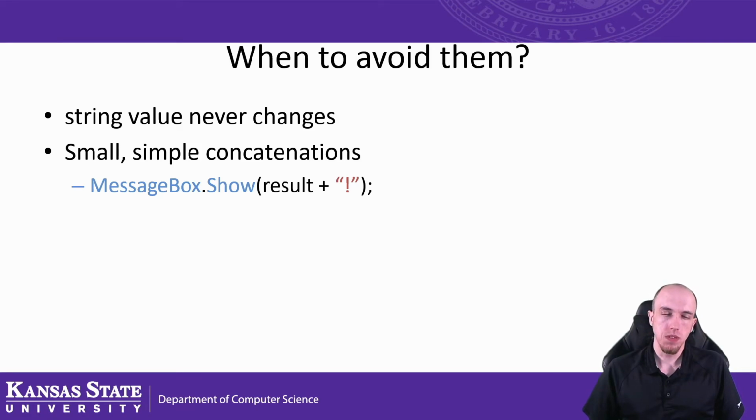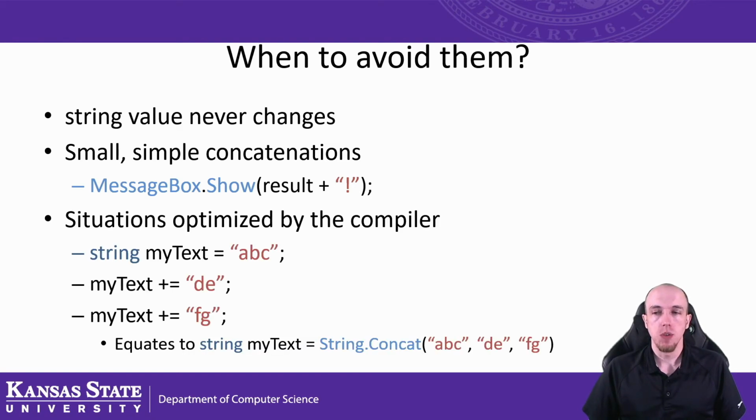So for simple concatenations, sometimes your compiler is actually smart enough to make simplifications for you. For example, if you have multiple concatenations like I do here, where I add DE and then I also add FG to my string, the C# compiler will actually simplify or improve this code by converting it to a String.Concat call.